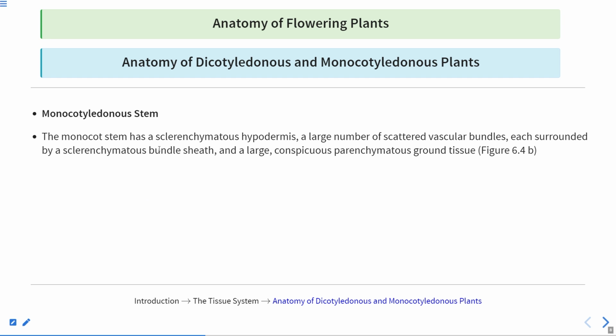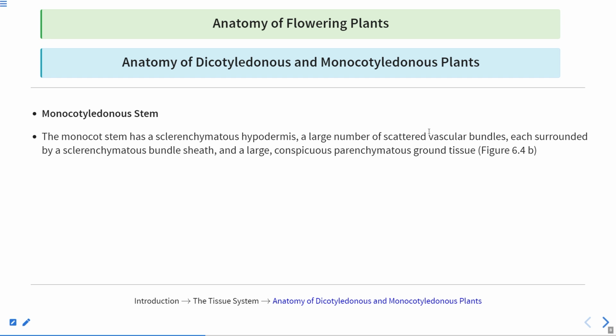The monocot stem has a sclerenchymatous hypodermis. Very, very important: sclerenchymatous. So below the epidermis layer, there is a sclerenchymatous layer. What we have seen in the dicot stem is a collenchymatous type of hypodermis, but here what you see is a sclerenchymatous type of hypodermis.